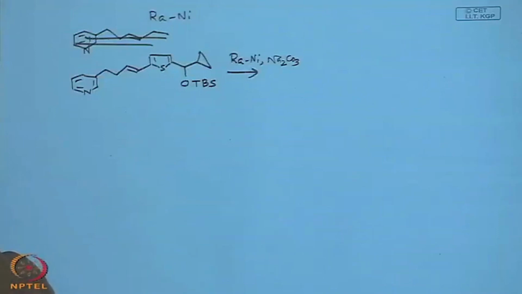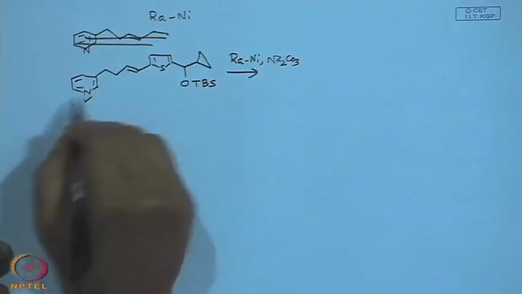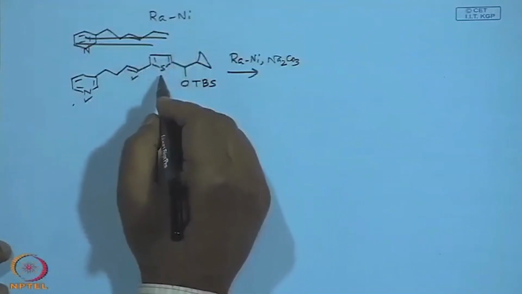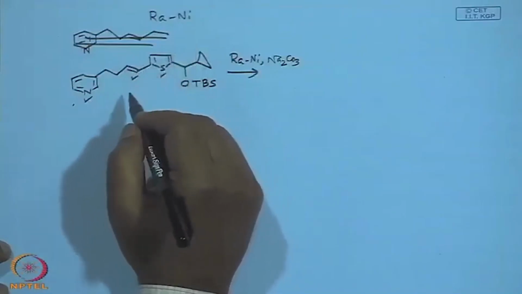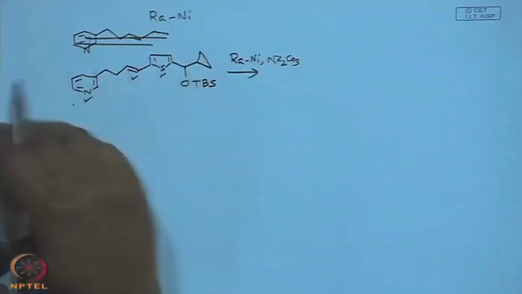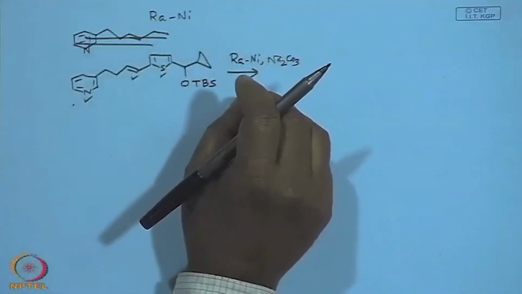So, how many reducible groups are there? The pyridine ring 1, double bond 1, thiophene ring system 1, then the sulfur that can get reduced, then the cyclopropane. So many reducible groups, but this is very specific, highly selective.